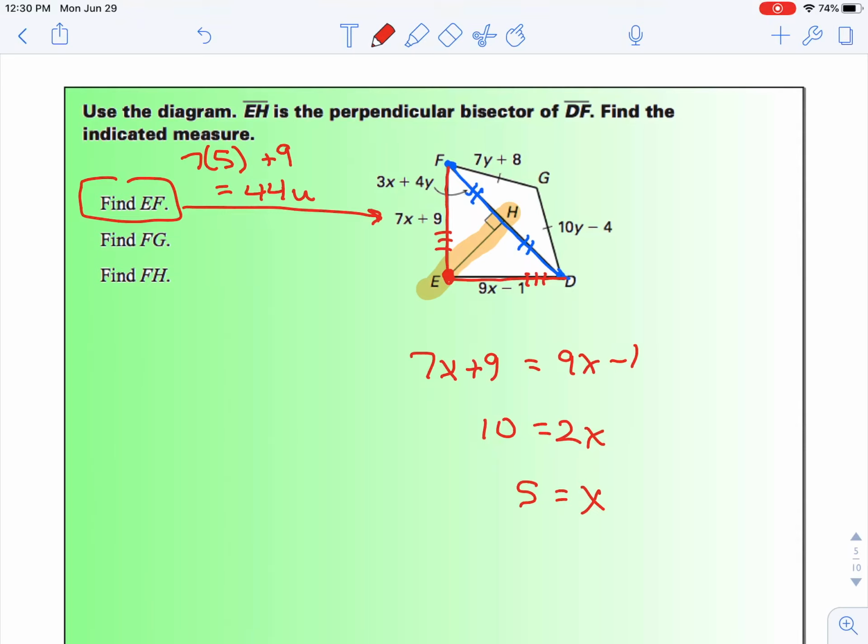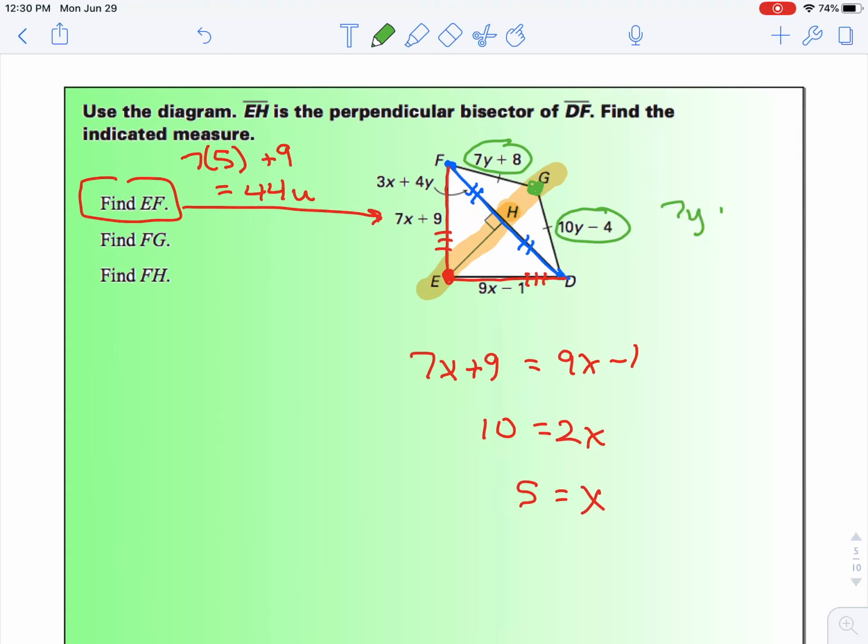All right, so if you extend that perpendicular bisector, you also see that point G right here is also on that perpendicular bisector. And so these two are also going to be congruent to each other. They're actually already marked that way.